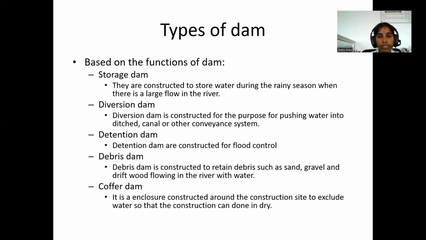Detention dams are constructed for flood control. Debris dam is constructed to retain debris such as sand, gravel, and driftwood flowing in the river with water. Coffer dam is an enclosure constructed around the construction site to exclude water so that the construction can be done in the dry.